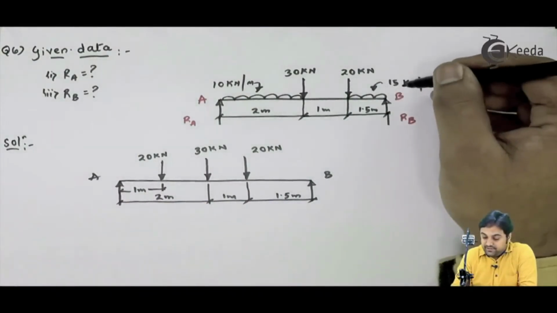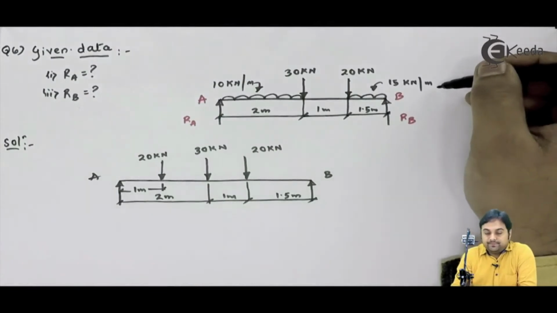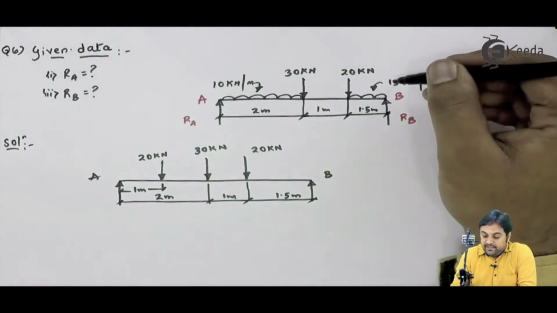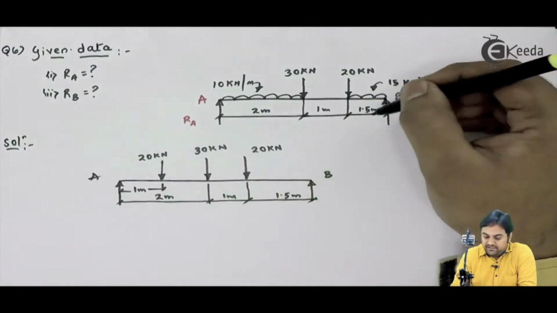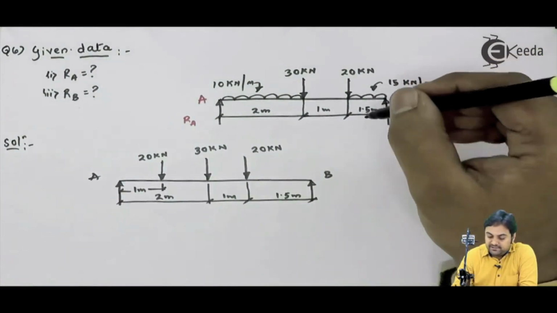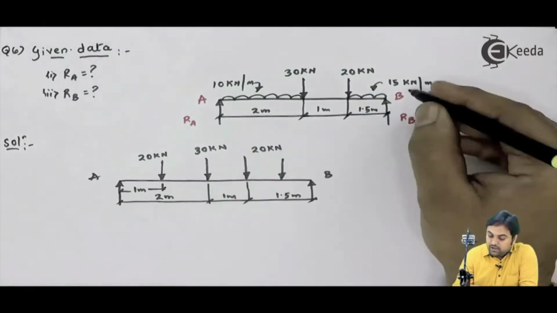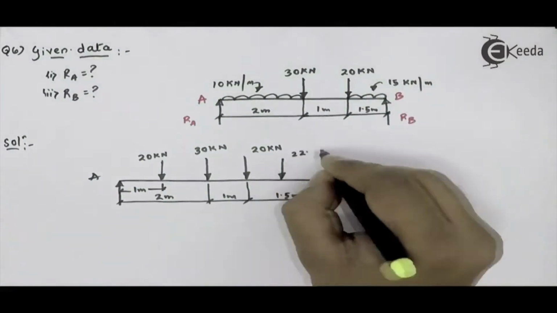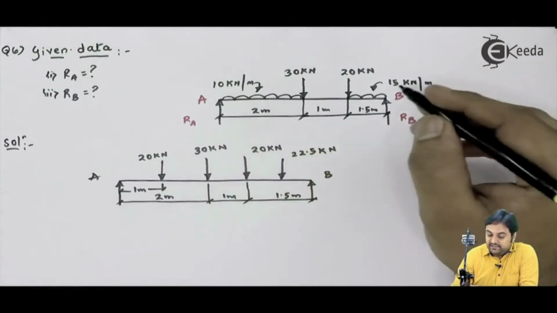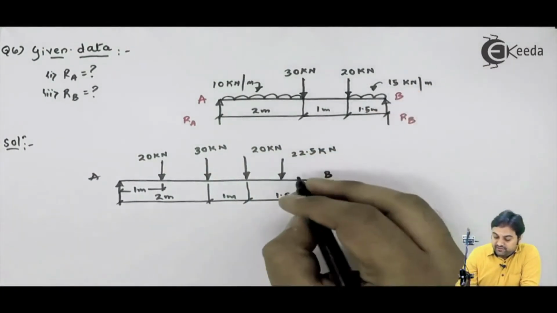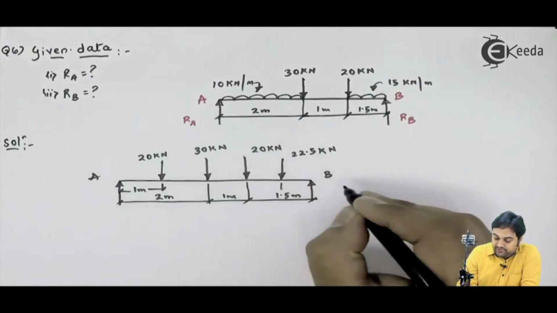Next, here I have 15 kilonewton per meter. I would be multiplying 15 with 1.5. If I multiply it, I would be getting my answer as 22.5. Now this 22.5 kilonewton would be acting at half of 1.5, that will be 0.75 meters.